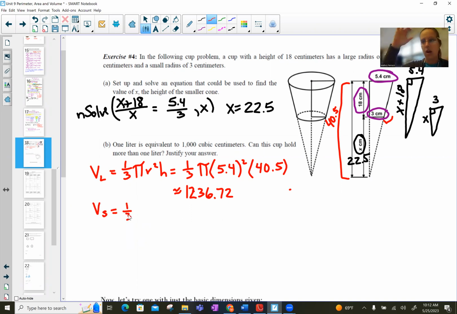Okay, so we have a large cone and we're lopping off a small cone. So it's 1/3 pi r squared h, which is 1/3 pi. The small radius is 3. The height is 22.5.